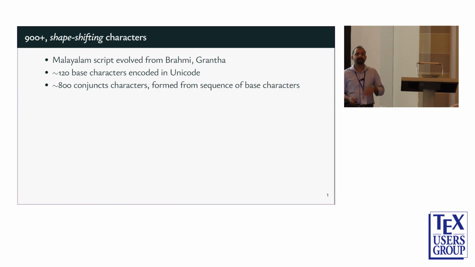But that's not the entire character set in the script, because we have the ligating properties. Consonants may join together, and the vowel signs again join with the base character, whether it's a single character or multiple characters. These do not need to be encoded separately in Unicode, because they form from a sequence of already encoded basic characters.